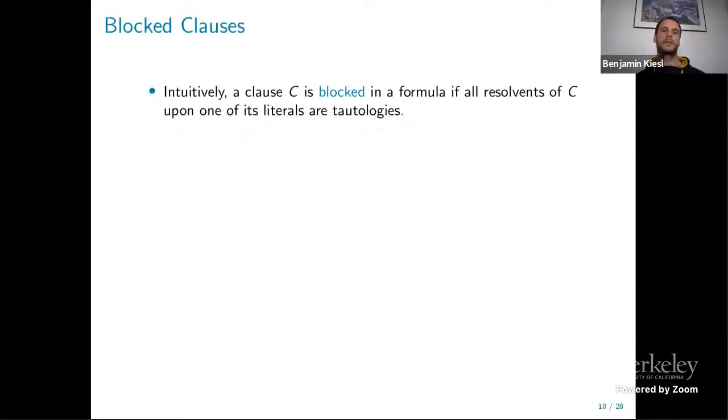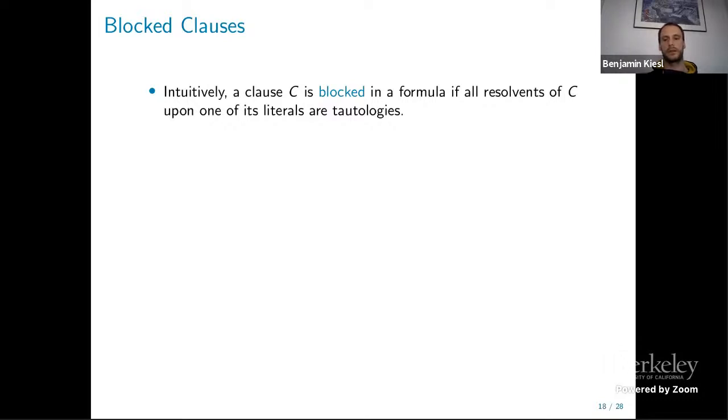So, blocked clauses. We saw that you can remove clauses that are redundant, meaning that they don't really affect what your solver does. For tautologies, what we saw is that if an assignment makes your formula true, then that assignment also makes your formula true after you removed the clause. And the same is true for subsumed clauses.